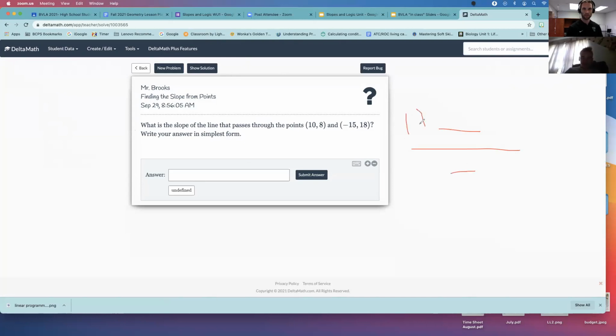Take the y's and subtract them. So this is 10. Take the x's and subtract them. And then simplify. So 10 divided by -25 is -2/5.